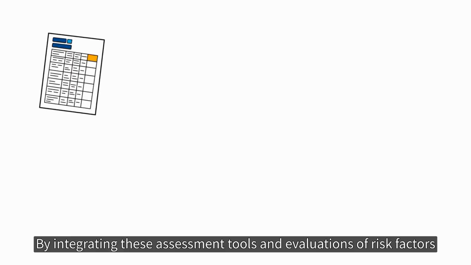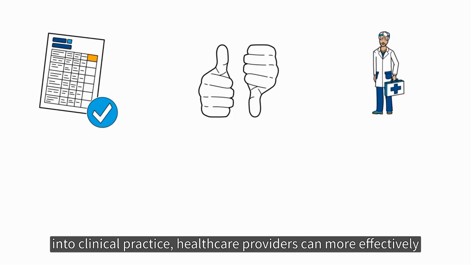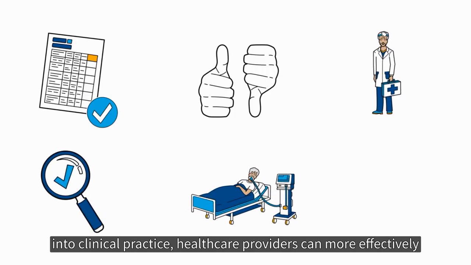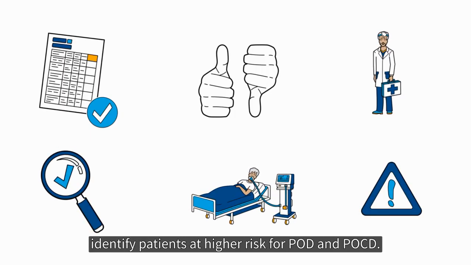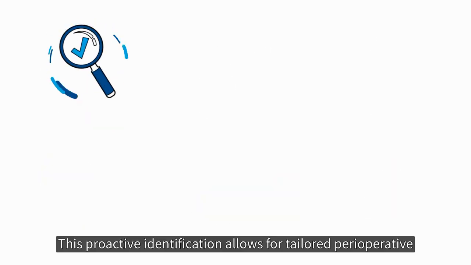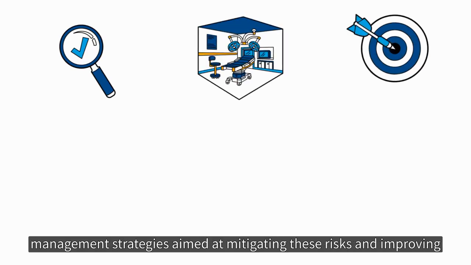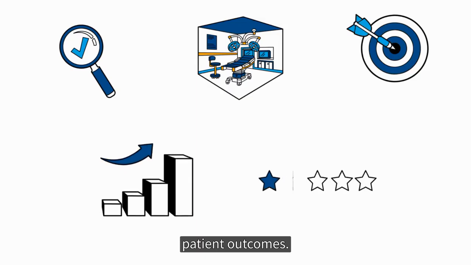By integrating these assessment tools and evaluations of risk factors into clinical practice, healthcare providers can more effectively identify patients at higher risk for POD and POCD. This proactive identification allows for tailored perioperative management strategies aimed at mitigating these risks and improving patient outcomes.